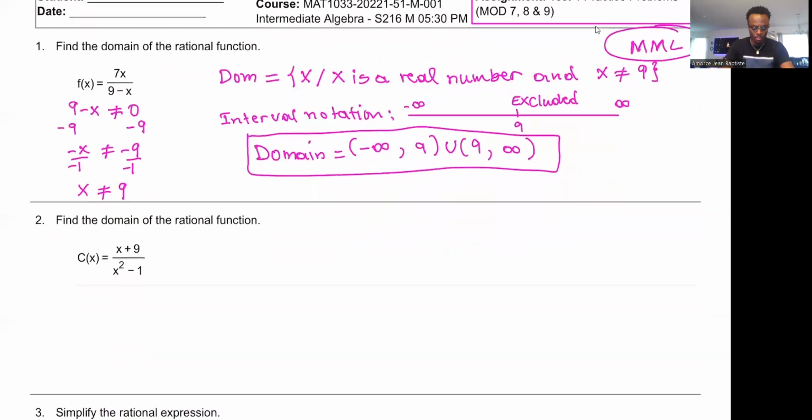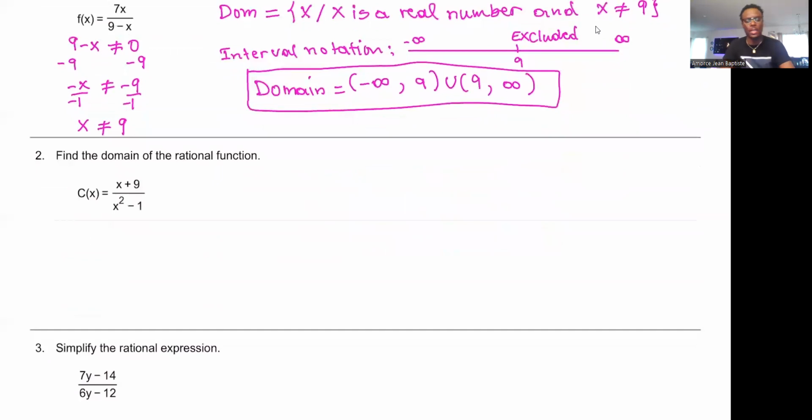Okay, so next problem. Still, they want you to find the domain of the rational function, c of x equals x plus 9 over x squared minus 1. So the domain will be the denominator, x squared minus 1 should be not equal 0.